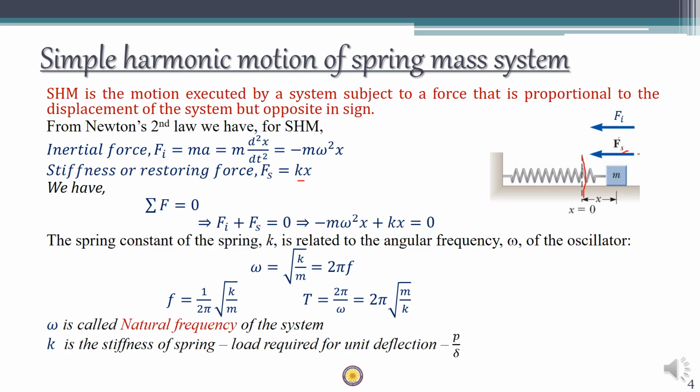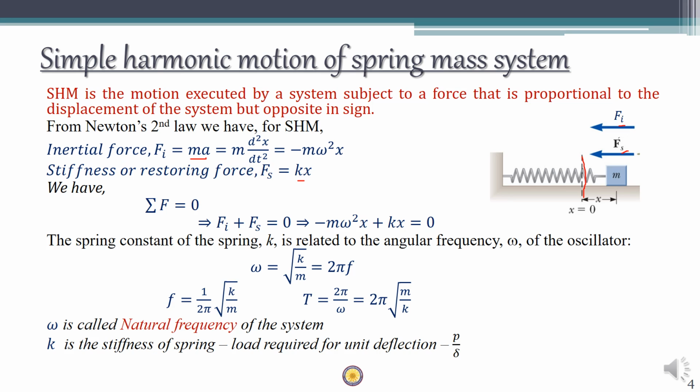So there is also a force of inertia, Fi, which is mass into acceleration. Acceleration is the second derivative of position, so m into d square x by dt square. We have seen that acceleration is omega square into x, but with a minus sign. So Fi is equal to minus omega square into m into x, and restoring force Fs is equal to k into x.